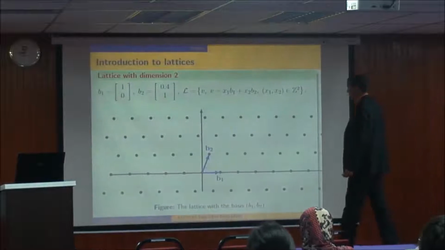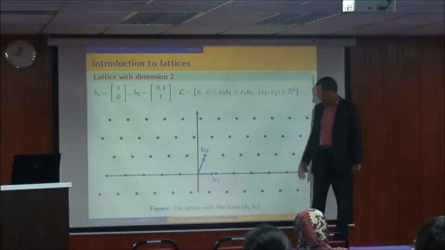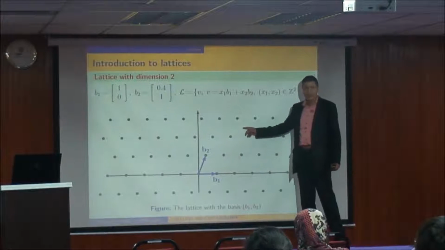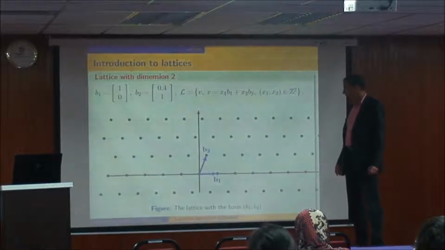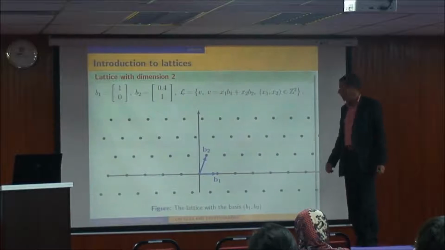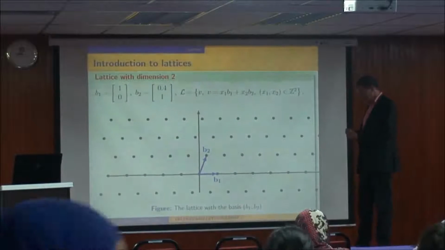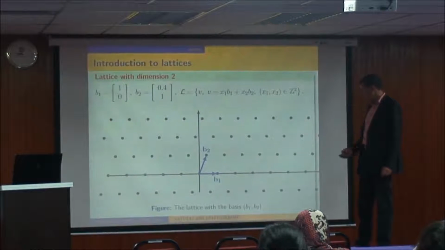We can find, for example, this point using b1 and b2, but in this place we cannot find a linear combination of b1 and b2 if we want only integer coefficients. So this is the lattice with basis b1 and b2.